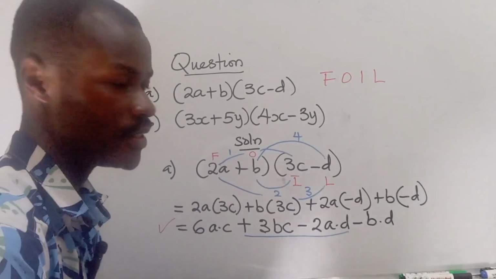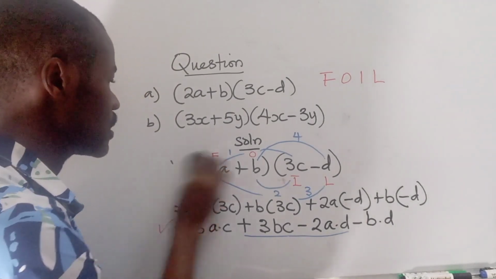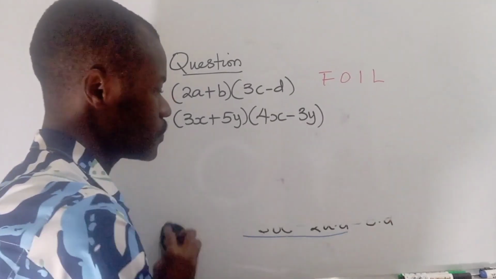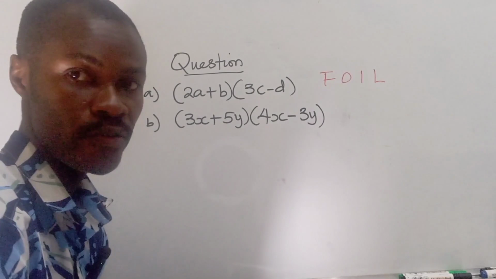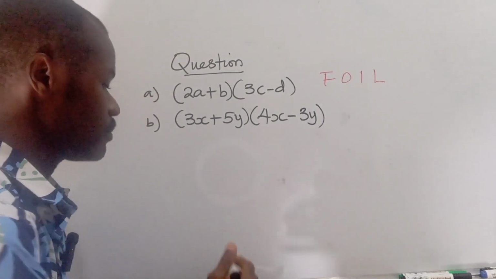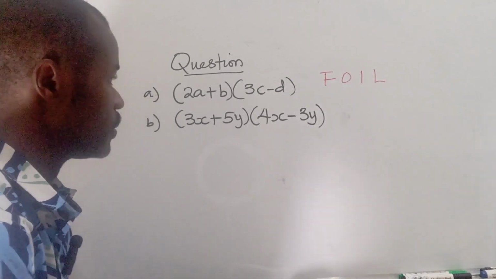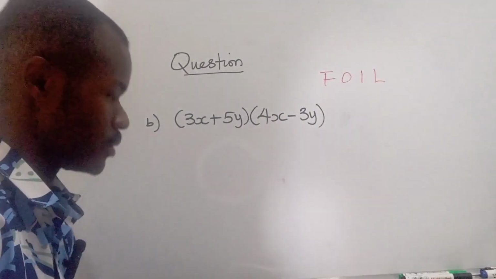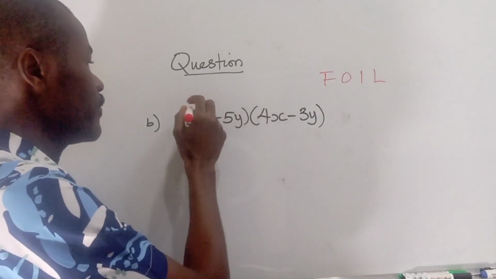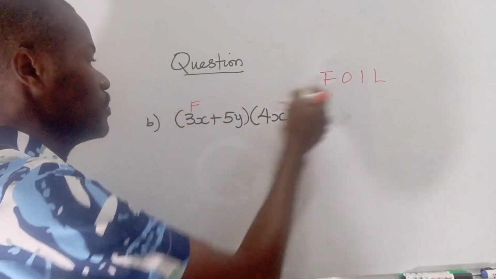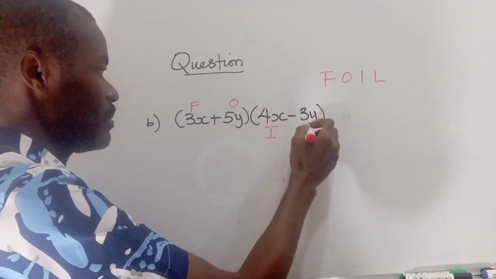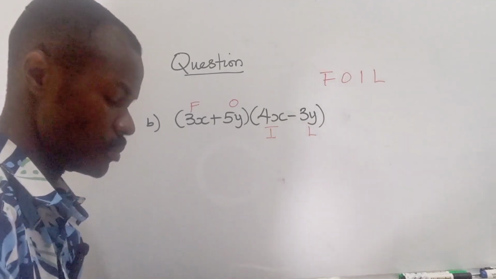Now let's solve the second question, still using FOIL. Let me rub this part so that we can have enough space. So I have my F, this is the first term, this is the outer term, this is the inner term, and this is the last term.